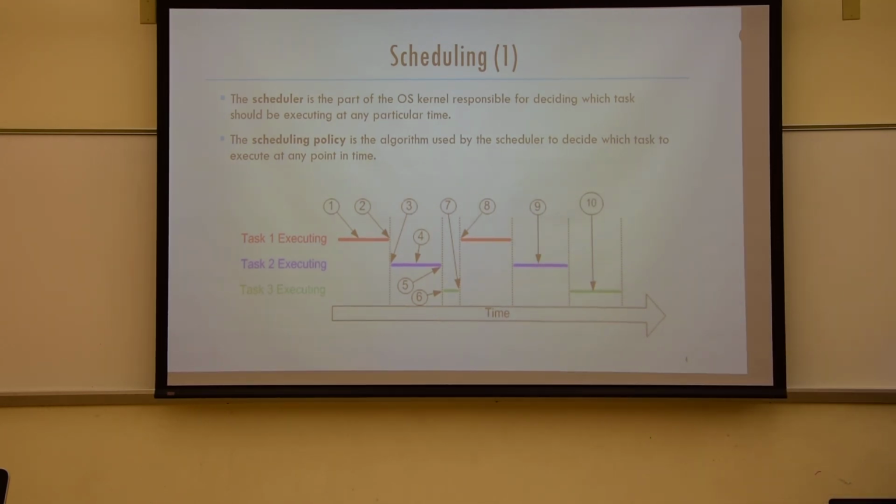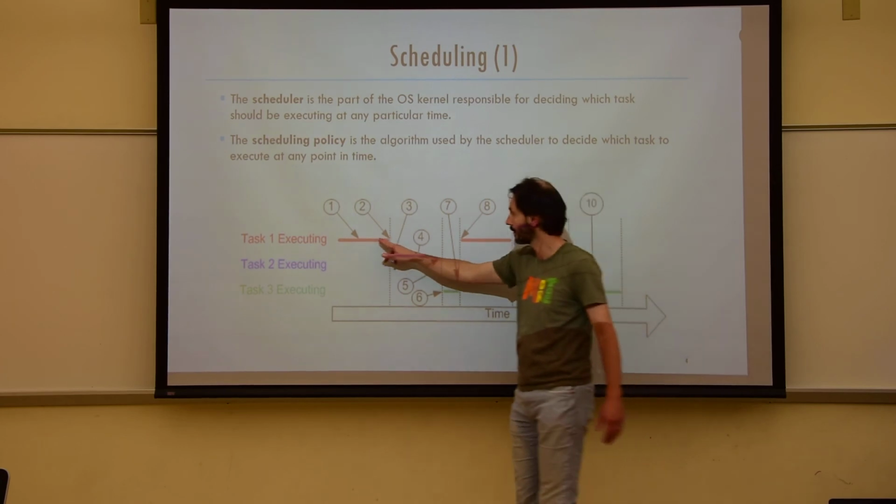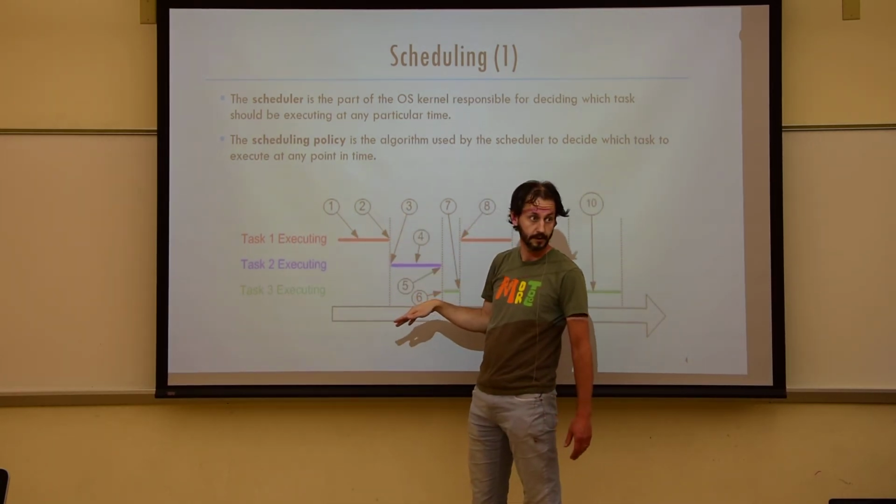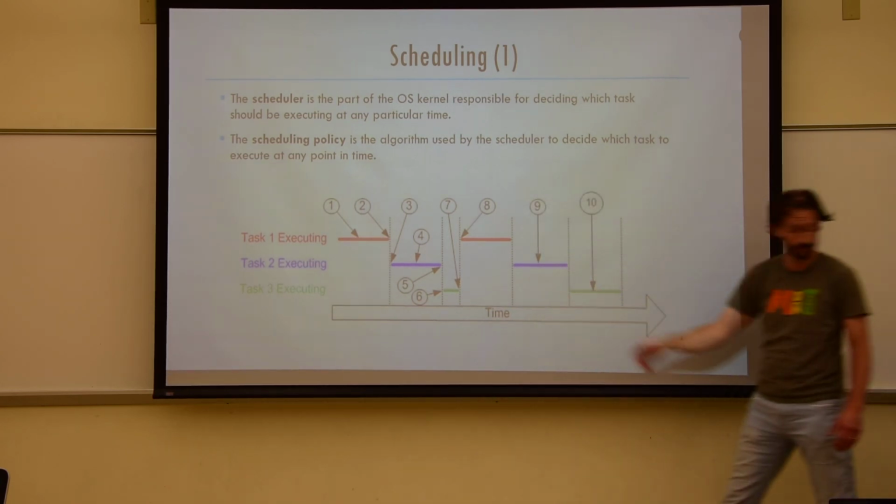First of all, in 1 we see that task 1 is executing. Then in 2 the kernel suspends, so it swaps out task 1. The kernel is forcing task 1 to stop because another task needs to come in, which will be task 2.